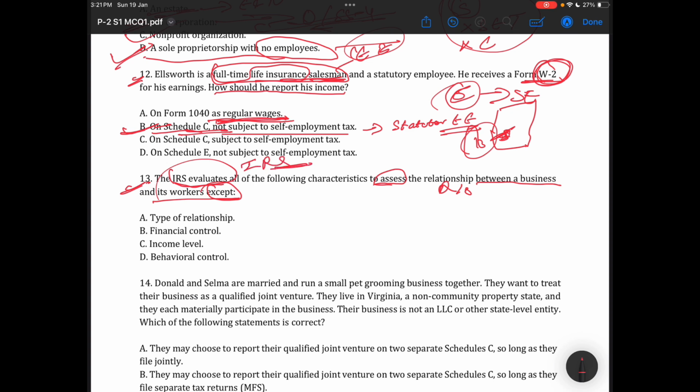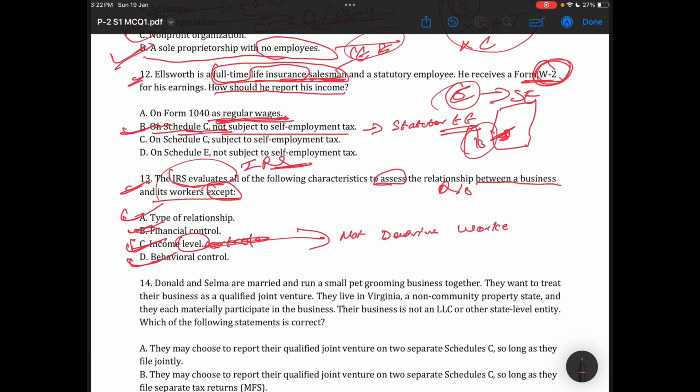So for the IRS, the type of relationship he will evaluate, second the financial control, and third the income level. It's not income control, it's income level, and behavioral control. So the correct answer is income level, because income level is not a factor in determining the worker's status.